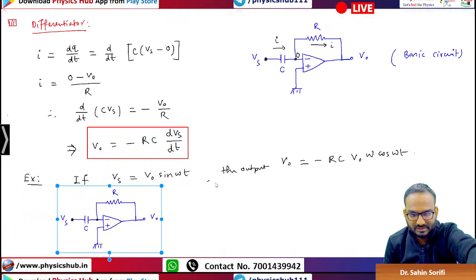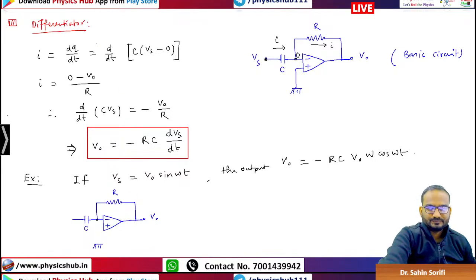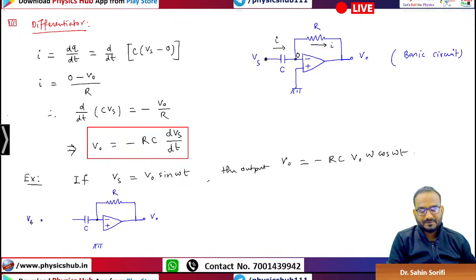In the practical circuit, a resistance is connected in series with the capacitor. We have Vs here, a resistance R1 connected here, and another resistance R connected here.